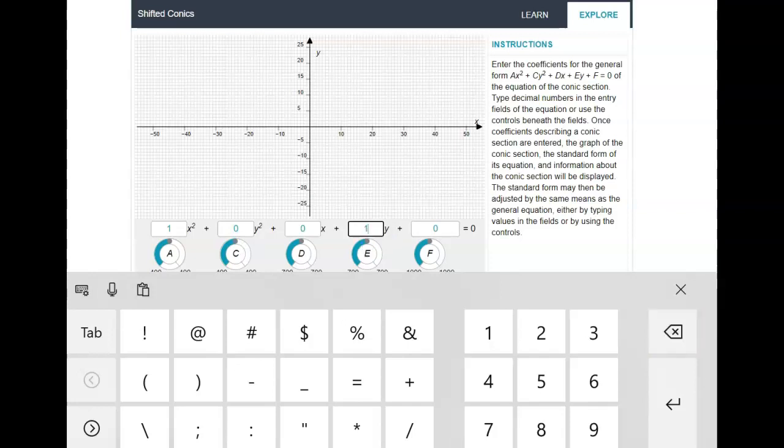If we press enter, you can see we get a parabola that is opening down. Now, what happens if we change that to a -1? We do that, and then you can see that it is opening up.